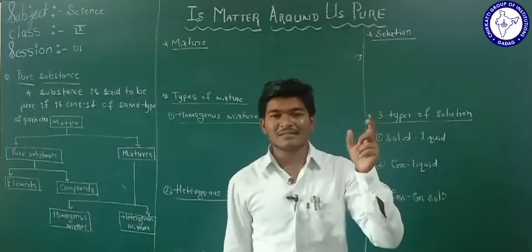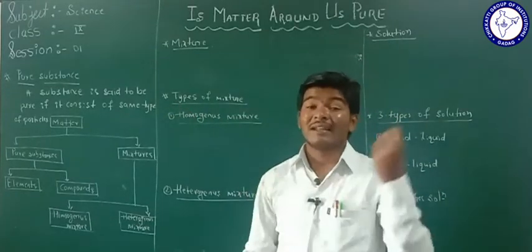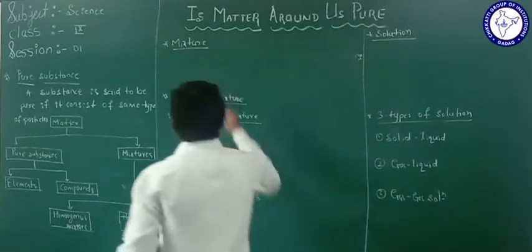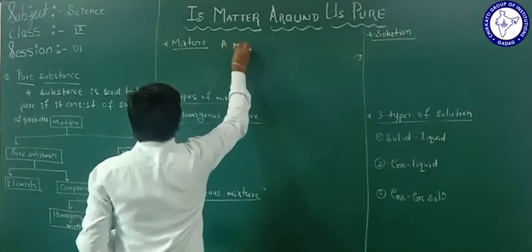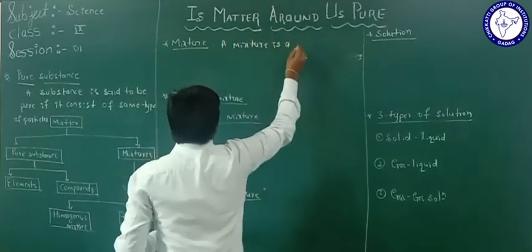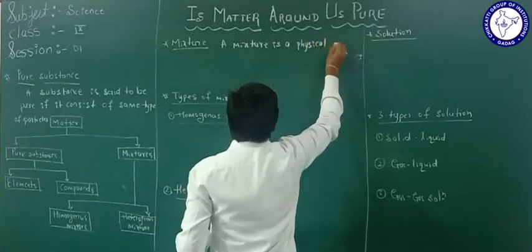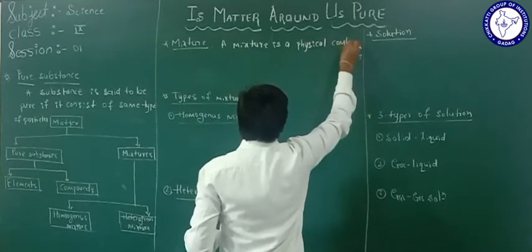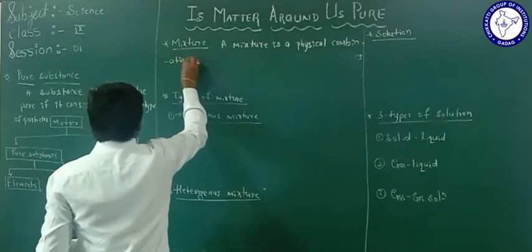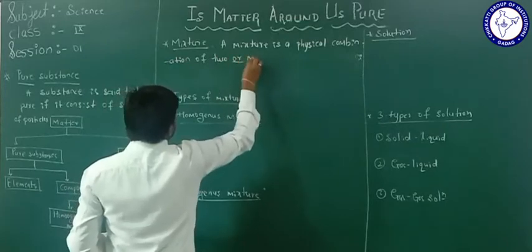Then the question arises, what is a mixture here? You already know what a pure substance is. Then what is a mixture? A mixture is a physical combination of two or more substances.